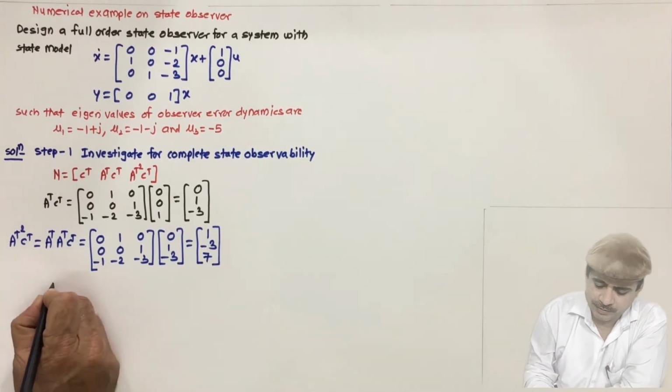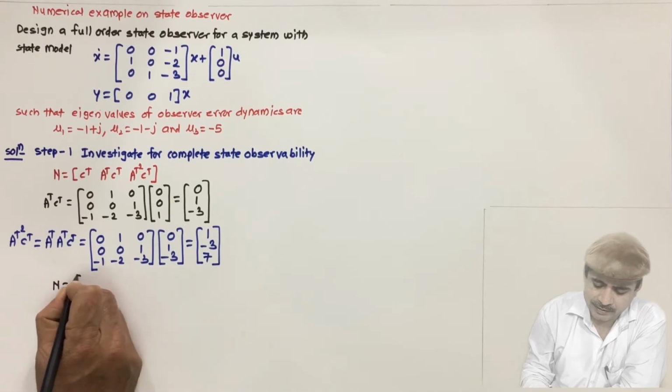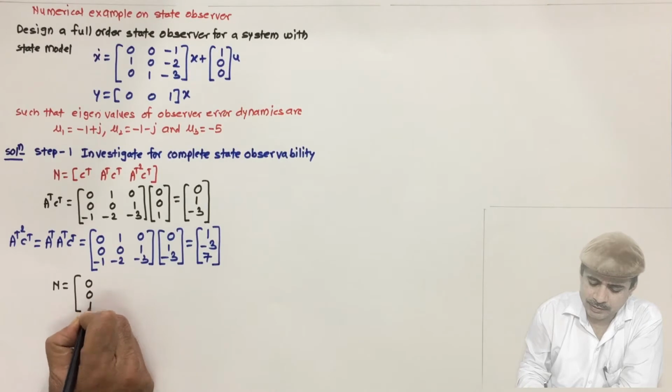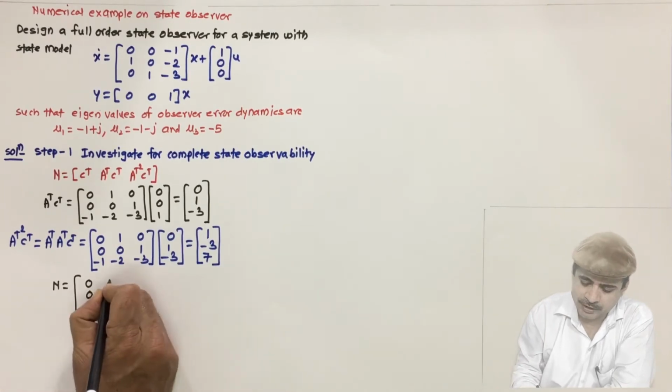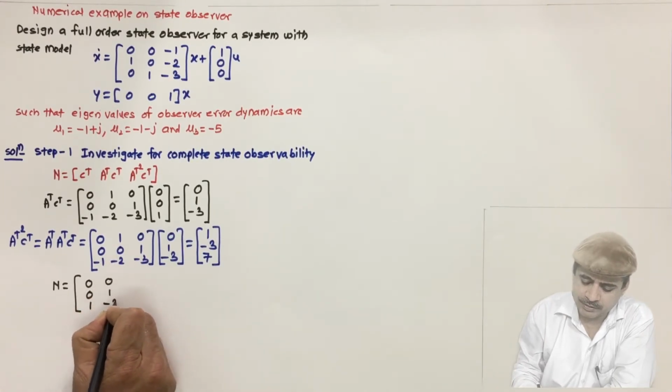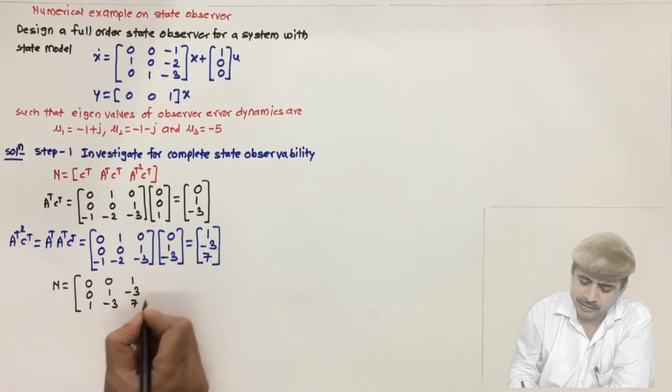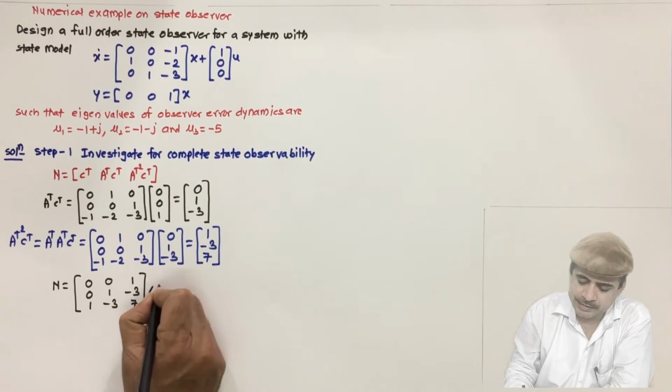This gives me the matrix N as C transpose, which is 0 0 1, A transpose C transpose, which is 0 1 -3, and the last column is 1 -3 7.